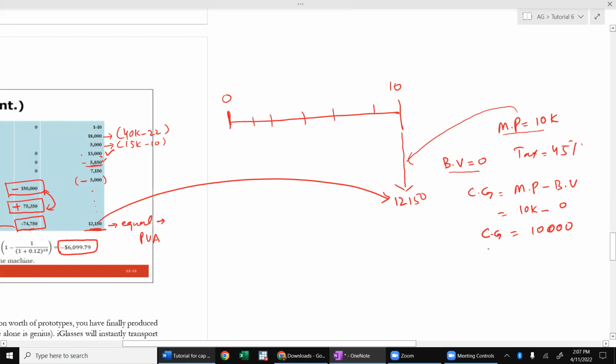On capital gain, of course, you pay some tax. So you will calculate after tax salvage value is equal to market price minus tax rate multiplied by capital gain. Market price is how much? 10,000 minus tax rate of 0.45. Capital gain is how much? 10,000, because of the 0 book value.